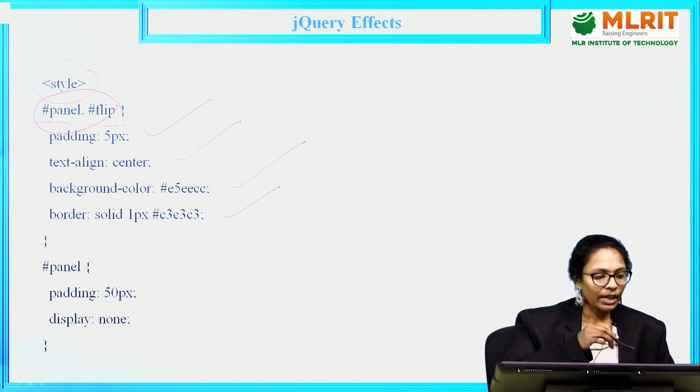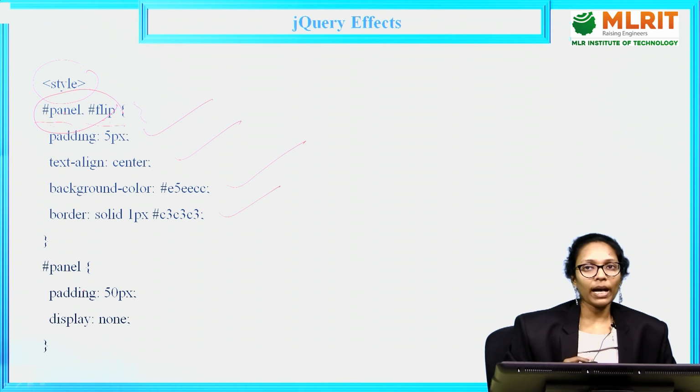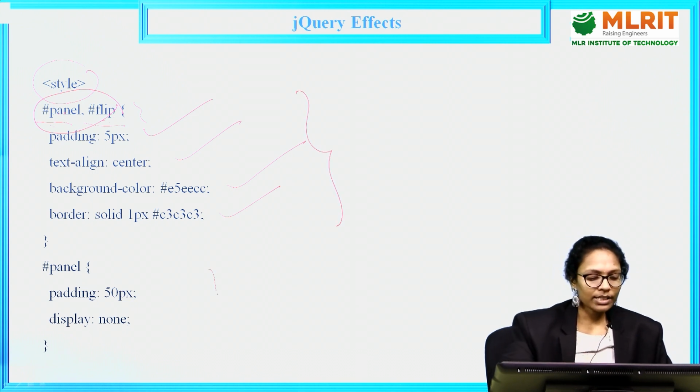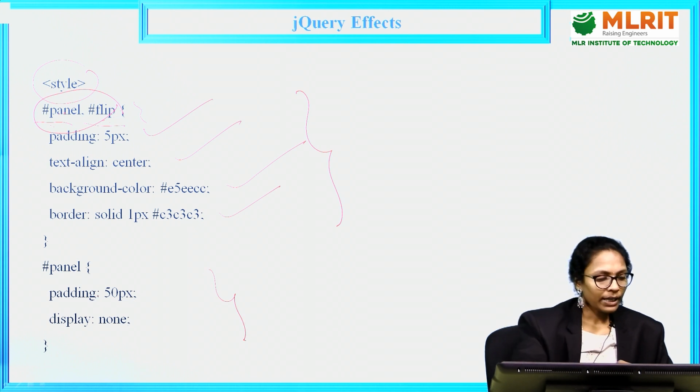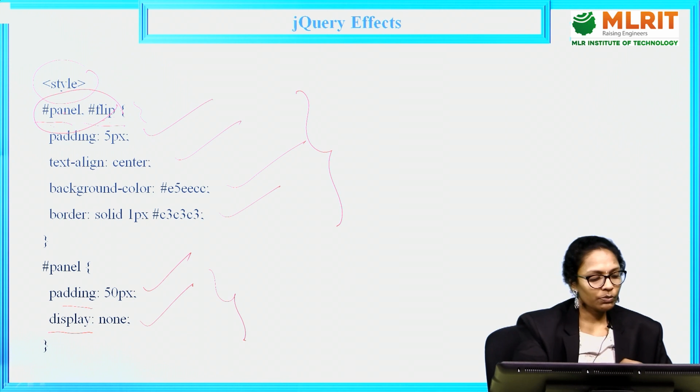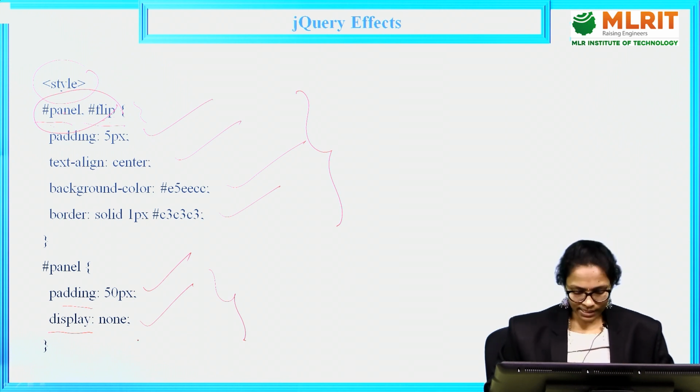And only for panel I am giving some separate styles along with these. The padding is 50 pixels and display is none. That means initially the downside part, the panel, should not display, so that's why initially I am giving display as none.